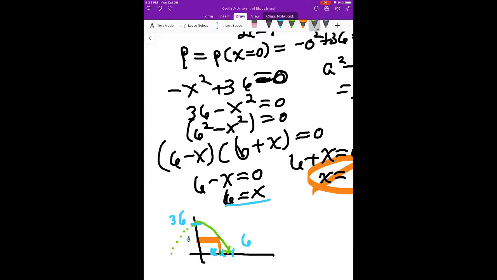I think I need a smaller pen. When our price is 11, remember the y-axis, when we talk about demand, is in dollars, and it's the price. So we want to know, when the price is equal to 11, what is x?